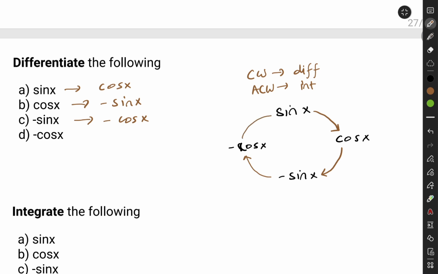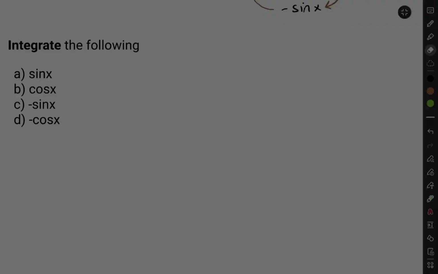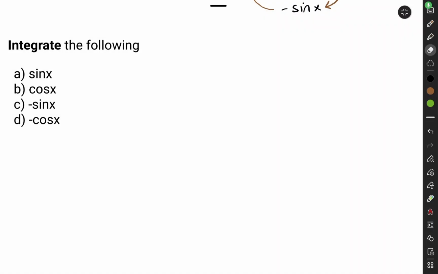If I differentiate minus cos x, I'm going to get sine x. So I know this is very easy with this diagram. If you memorize the rules, it might take a lot more practice. So make sure, even for math students, if you haven't started your P3 math yet, then this is really good and helpful.